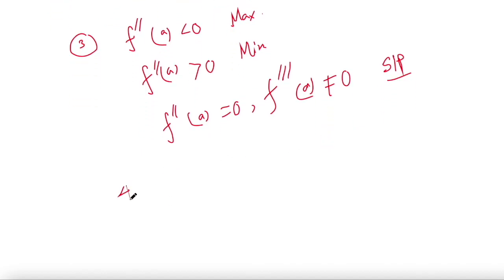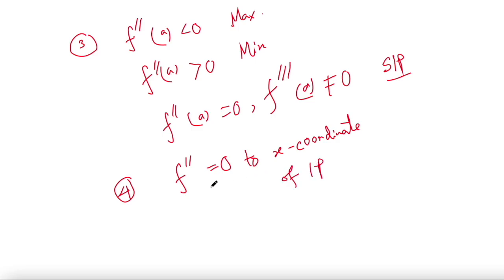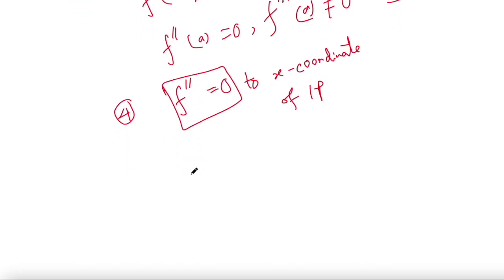And number 4, for the inflection point, you need to set the second derivative equal to 0 to know the x values or x coordinate of the inflection point. So the x coordinate of the inflection point we will get from the second derivative equal to 0.